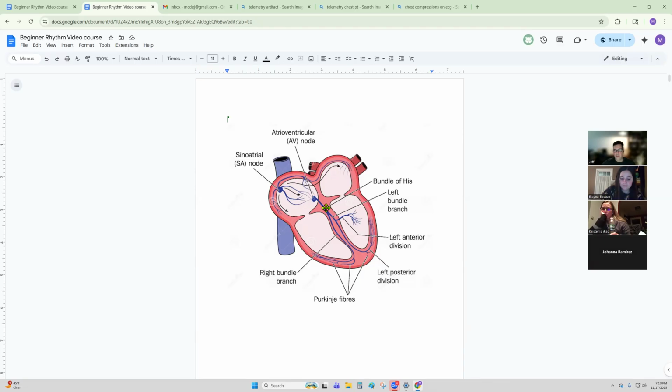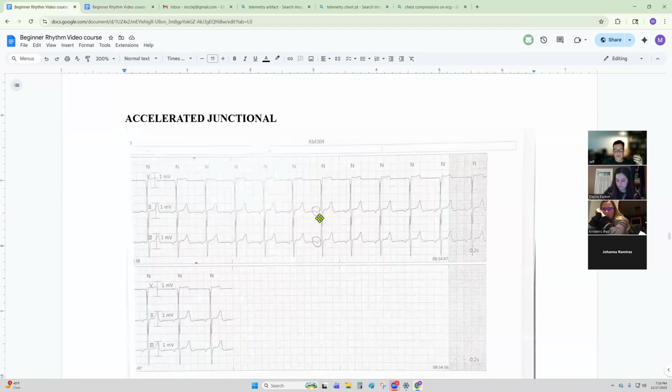A normal PR interval is between 0.12 and 0.20, and it's usually positive. The P wave has to be positive in lead 2, because this junctional area is already, think of that P wave as travel time. It's not exactly, but it takes less time to get here. So that creates that shorter PR interval. And because it has to go back up and tell the atrial chamber what to do, it creates that negative P wave. So you see this negative little guy, it's less than 0.12.